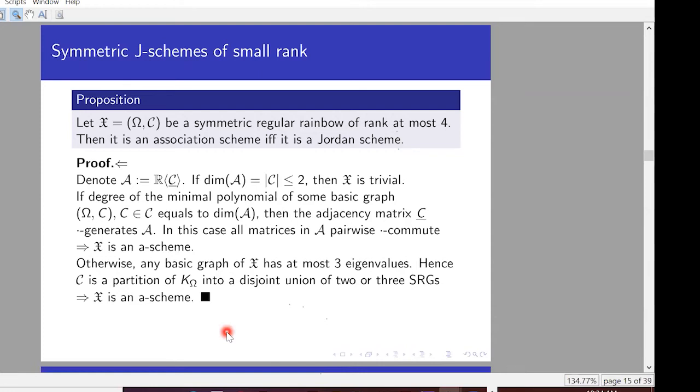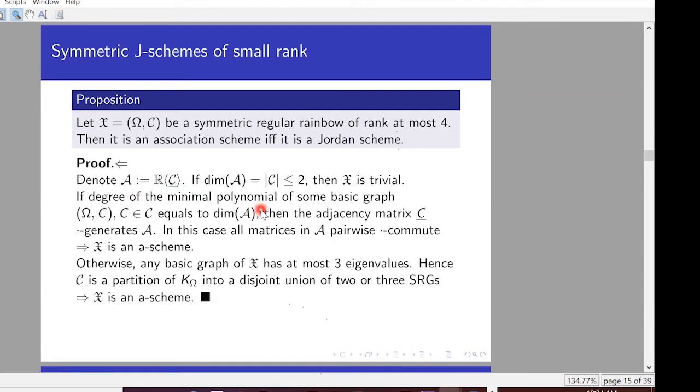Now, let me show it briefly. So I take an adjacency algebra of my Jordan scheme. If the dimension is at most 2, then it's trivial. It has only 2 colors, and it is an association scheme, which is trivial. So if the number of colors is 3 or 4, then I look at the degree of the minimal polynomial of basic graphs.